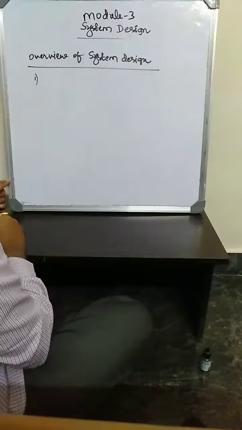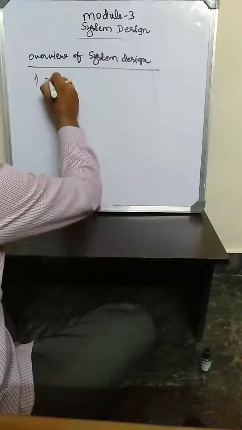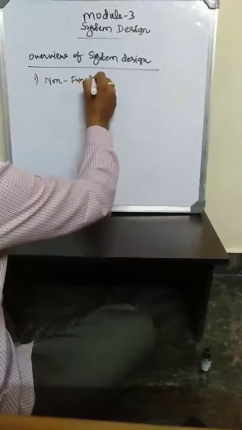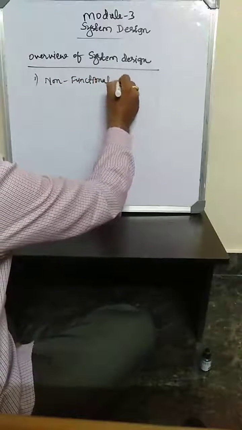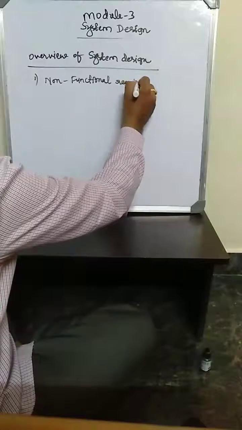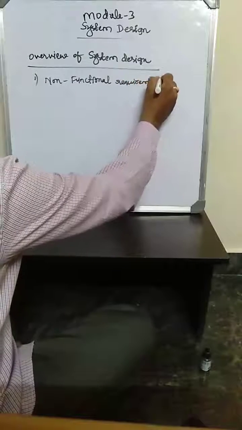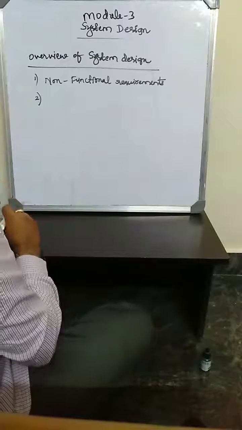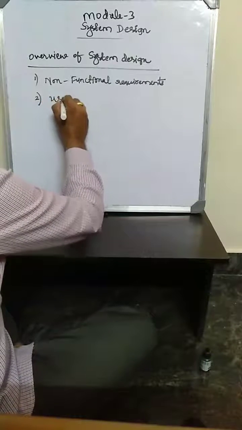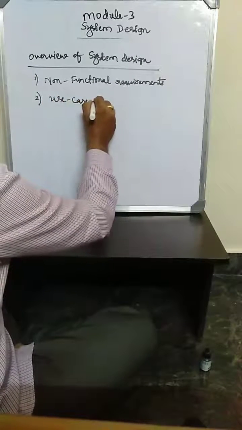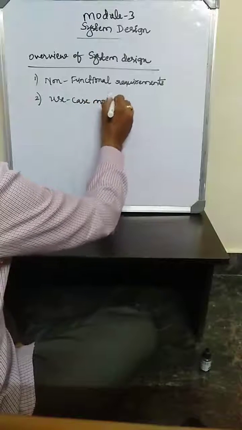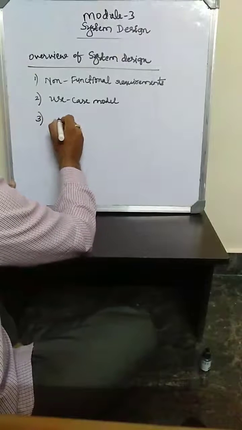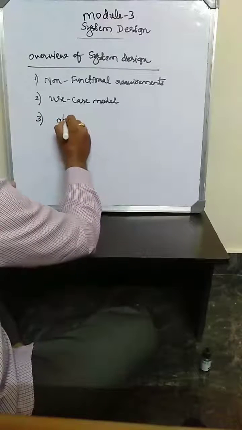First one will be non-functional requirements and constraints, you may say. Second one, use case model. Third one will be the analysis model, or you can call it the object model.